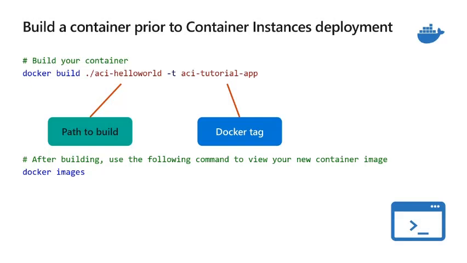In the end, we can use the docker images command to examine the built image. Your newly built image should appear in the list. So then you can say docker images, and there your aci-tutorial-app with the latest tag will appear.